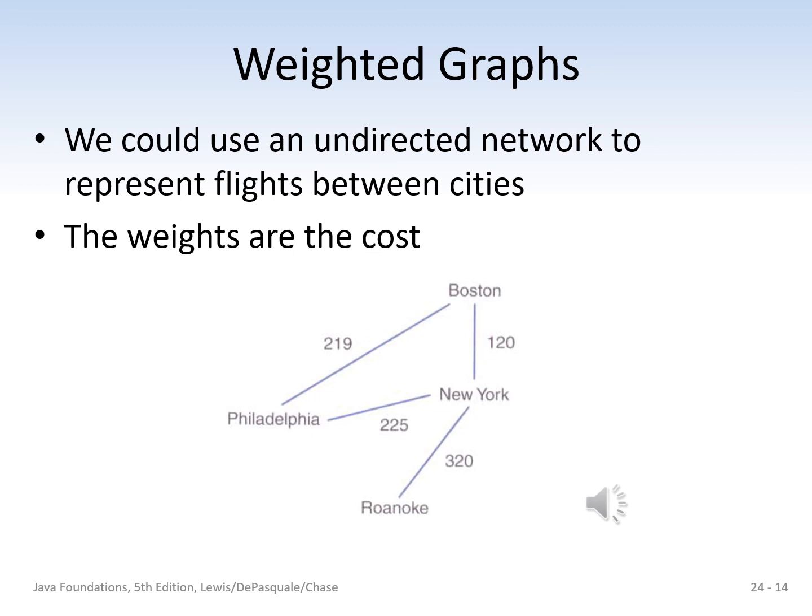And the weights are the cost. So Philadelphia to Boston, 219, Boston to New York, 120. In order to get to Roanoke from Philadelphia, you have to fly to New York and then Roanoke, or to Boston, then New York and Roanoke.